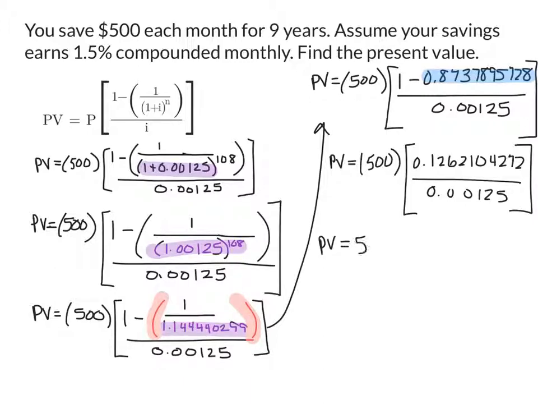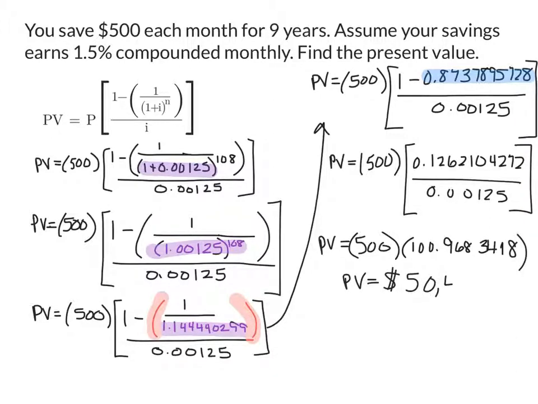And you should get 100.9683418. When you multiply those two values together, we should get that our present value is $50,484.17. And remember to round to 2 decimal places. And that is the final answer.